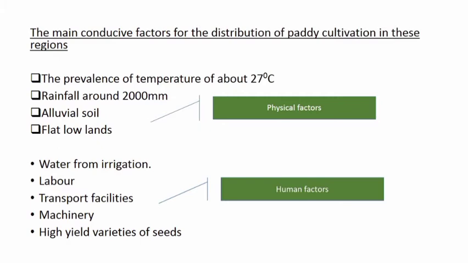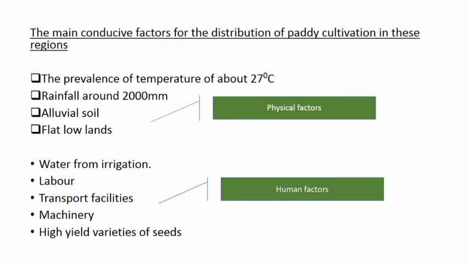Okay, now let's discuss human factors. Human factors mean man-made factors. Some areas haven't sufficient rainfall amount for conducting paddy cultivation. So, farmers have to get water from irrigation.